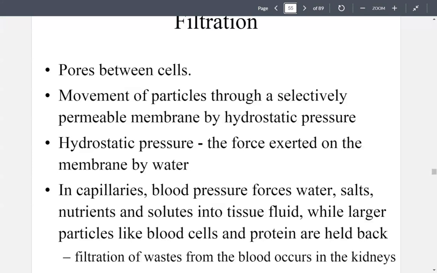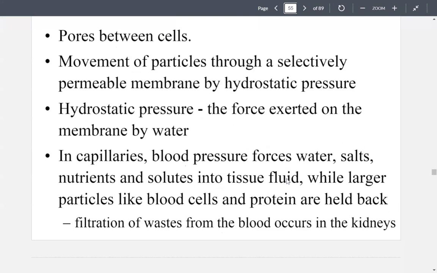So in capillaries, blood pressure, the pressure of the fluid or water, is going to force water, salts, nutrients, solutes, basically whatever can fit through this permeable membrane and/or pores, out of the capillaries.